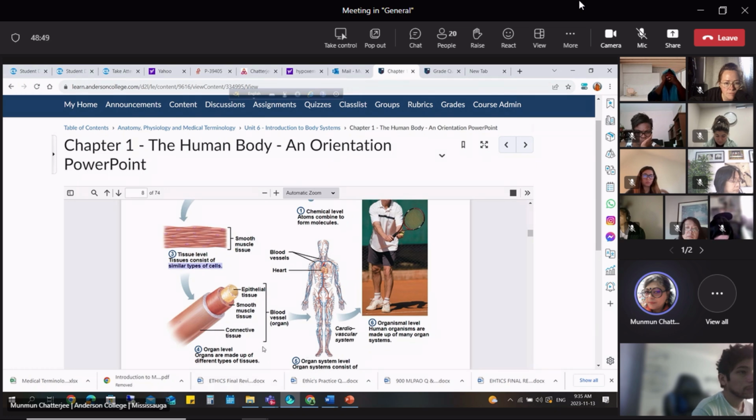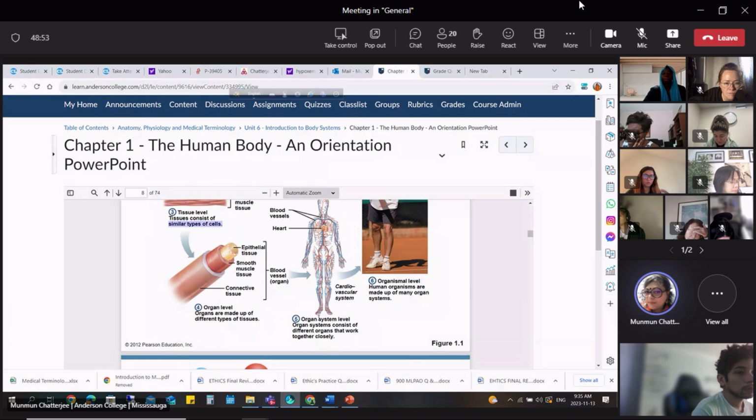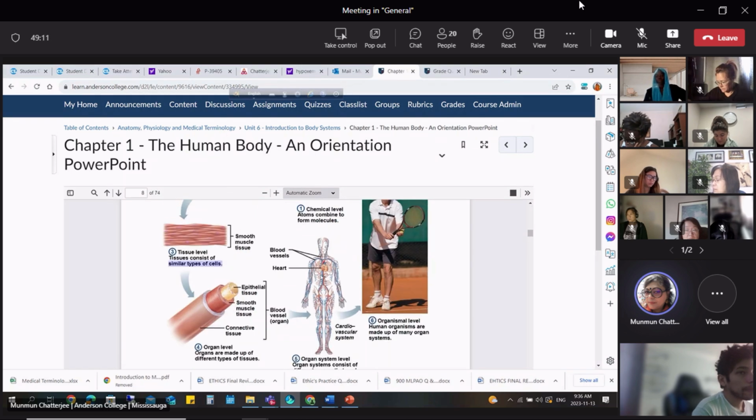And when we have the different organs, when they all come together, it's called the organ system level. An organ system consists of different organs that work together closely. So different organs, the heart, every organ is working together, especially brain and heart. They are the control for everything.